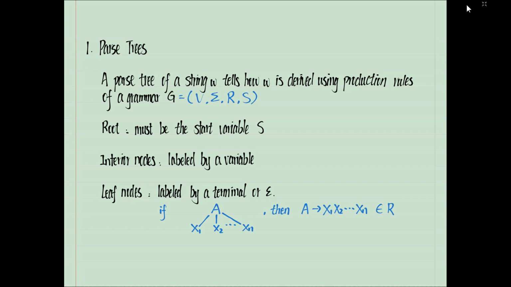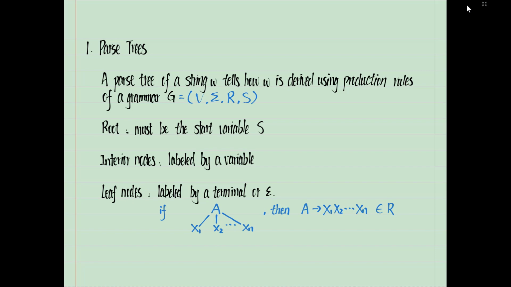And interior nodes can only be labeled by variables, not terminals. And the third part is leaf nodes, which are labeled by terminals or epsilon. And leaf nodes can only be labeled by terminals or epsilon, and it cannot be labeled by variables.